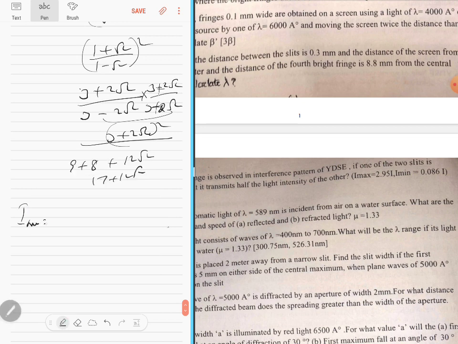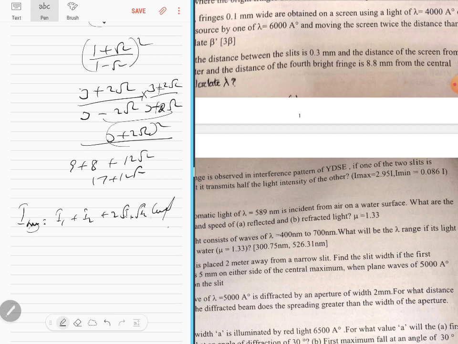The I formula itself is I1 plus I2 plus 2 root I1 root I2 into cos phi. This is the resultant intensity.